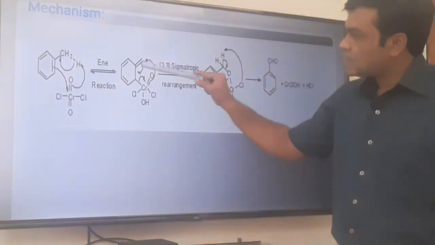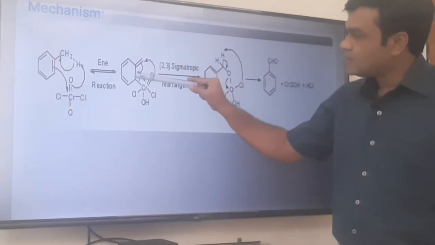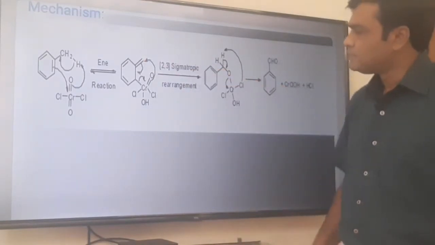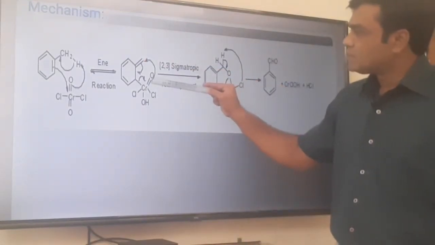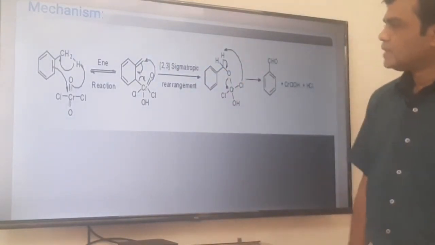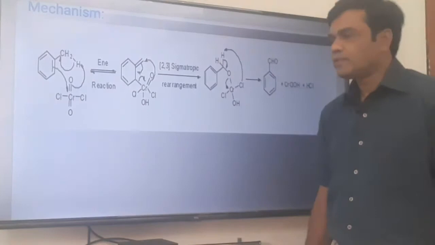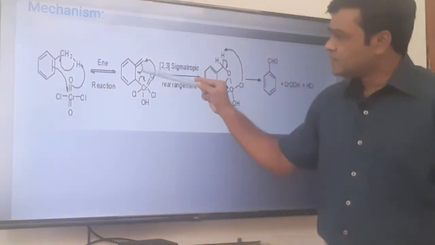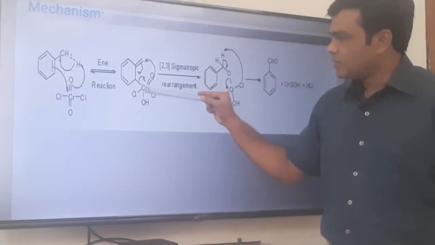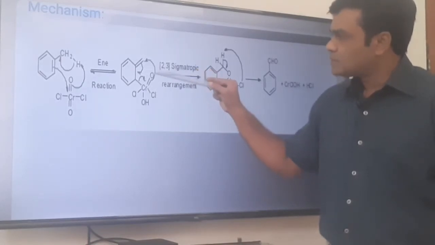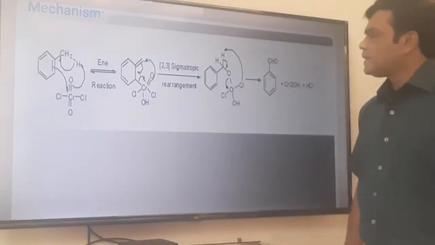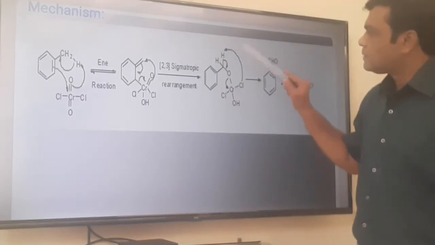Now, what is the charge on this carbon when these pi bonded electrons are shifted here? There is a deficiency. This carbon has a positive charge. And what is the charge on oxygen? Negative. So this O negative and this carbon positive form a bond. So it is a concerted mechanism where you can clearly see the shifting of this bond, the opening of this bonded pair of electrons on the chromium, and the formation of this carbon-oxygen bond taking place simultaneously, and we get this.